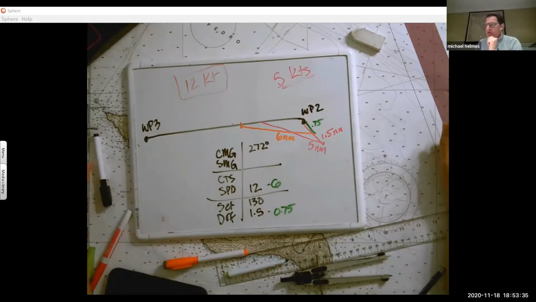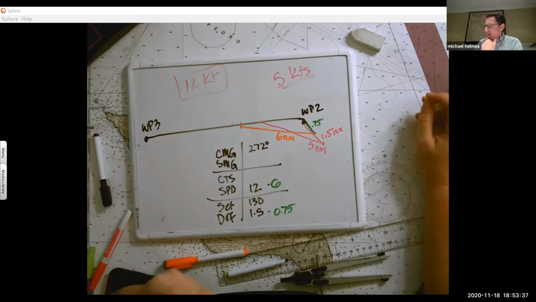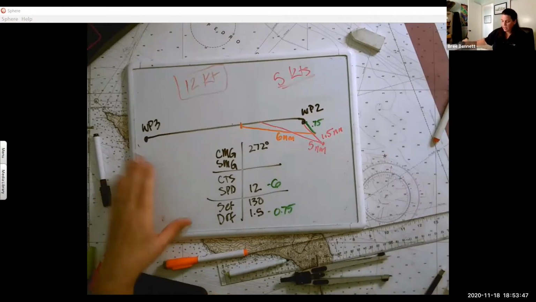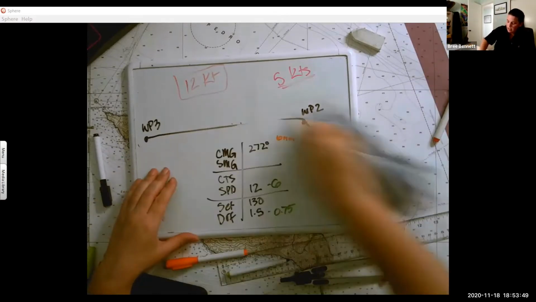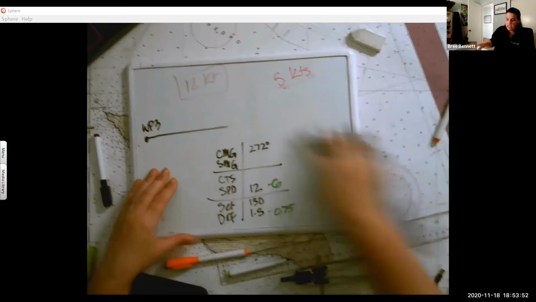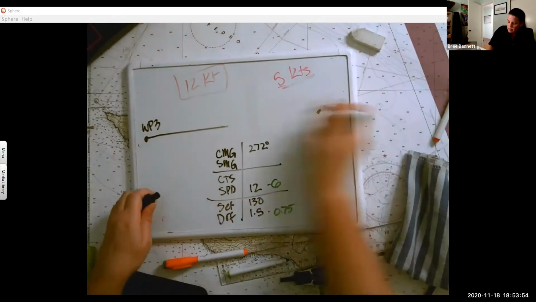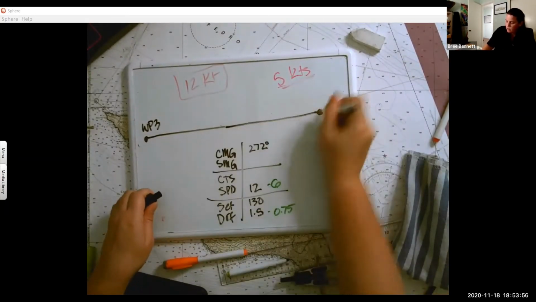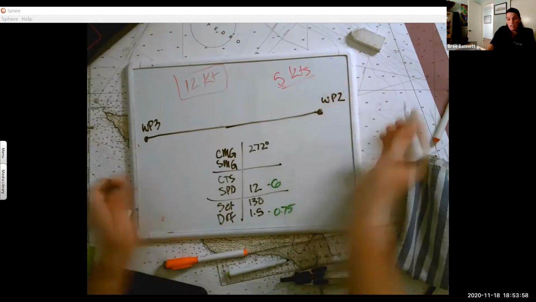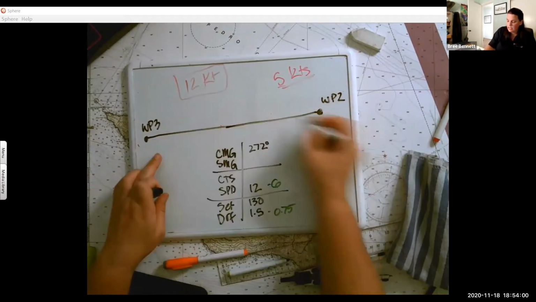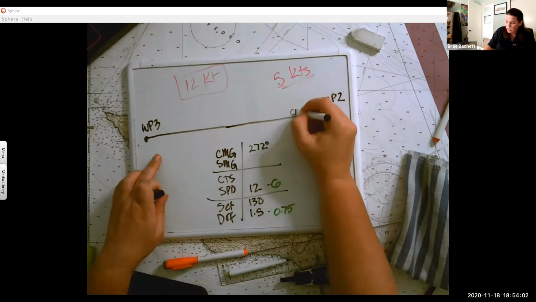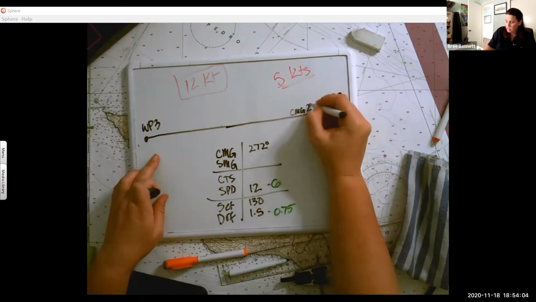But Bree, one question though is if you do use the radar plotting sheets, in principle, there's really no need then to go back and apply that to the actual chart. No, so you could use the radar plotting sheet and you just come up with the information. So when you write waypoint 2 on the chart, you could put on this whole leg, you know, course made good is 272.